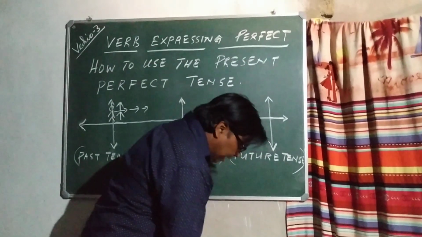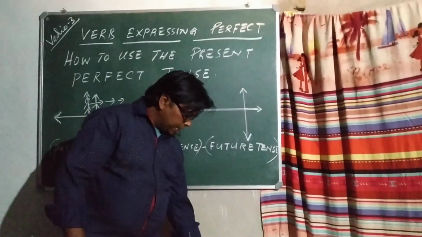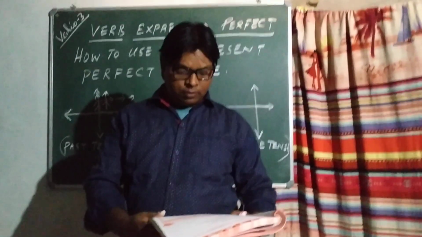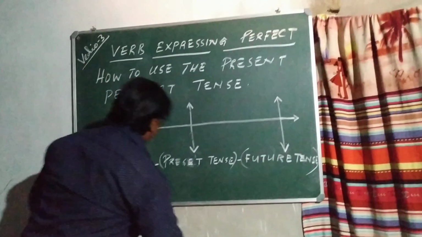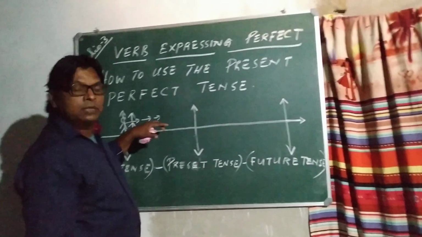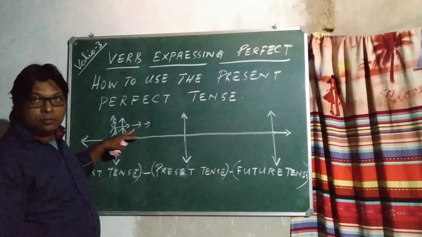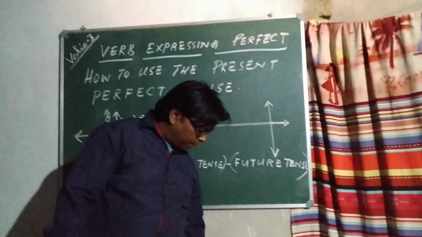This is the example of point number 5. His schooling is over, his college is over, now he has collected his certificate.